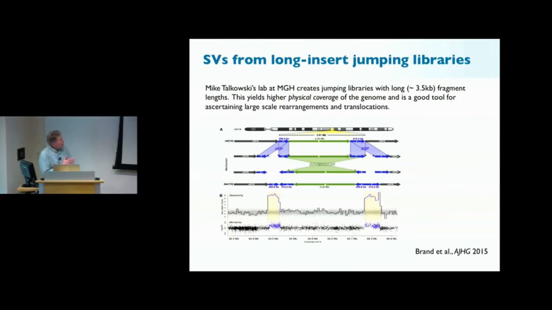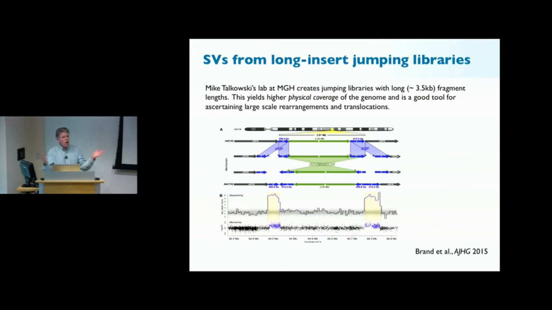Another technology that you can use to get at structural variation is long insert jumping libraries. The Talkowski lab has certainly been one of the leaders and is very experienced in building these kinds of libraries. The idea is, if you think about using read pairs to detect structural variation, looking for rearrangements of the read pairs, you're limited by when the read pair actually lands over an interesting part of a structural variant.